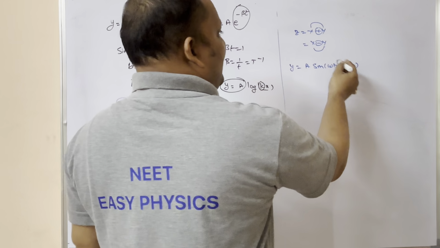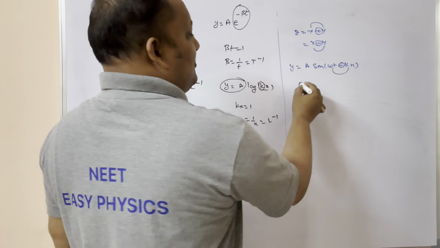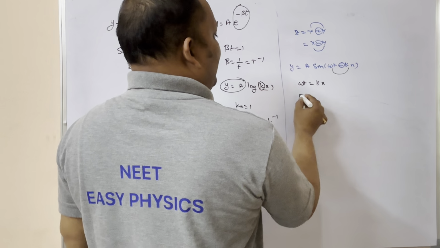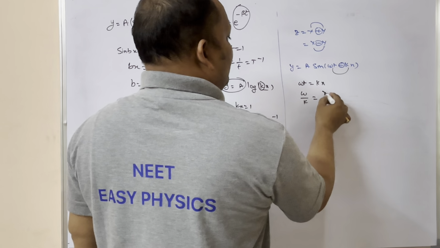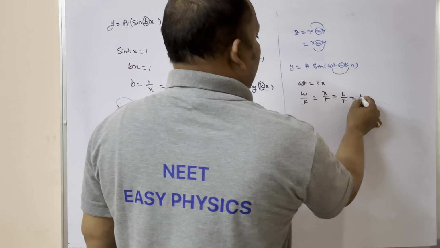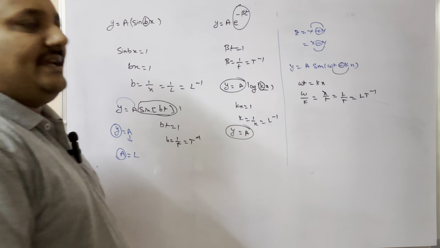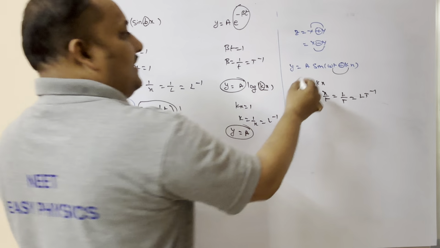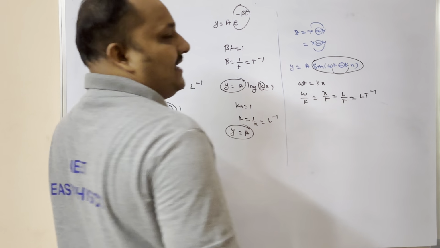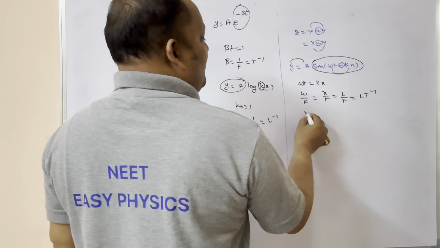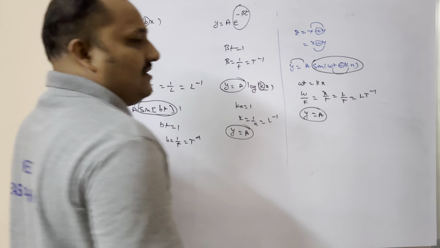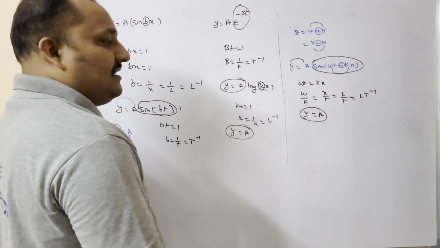Minus. Whenever minus is there, you can equate these two. So omega t equal to kx. Omega by k equal to x by t, that is L by t, LT power minus 1. So dimensionally this entire thing we can take as 1, then y is going to be equal to a. Like this they will be asking the questions.